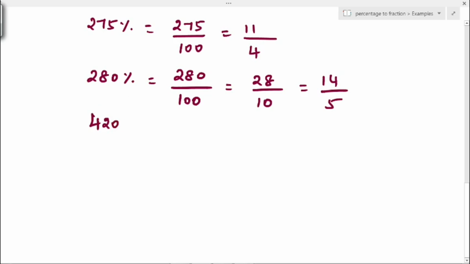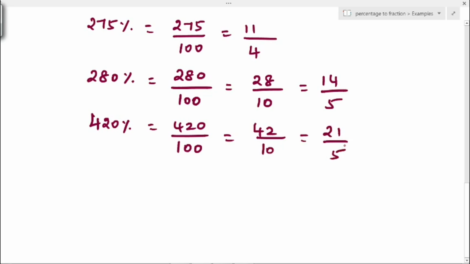If we have 420%, that can be written as 420 divided by 100, which is nothing but 42 by 10. If you divide it by 2, you will get 21 divided by 5. So this is the fraction value of 420%. Suppose we have a decimal value like 0.15%. This can be written as 0.15 divided by 100, because we have a percentage, so we have to divide by 100.